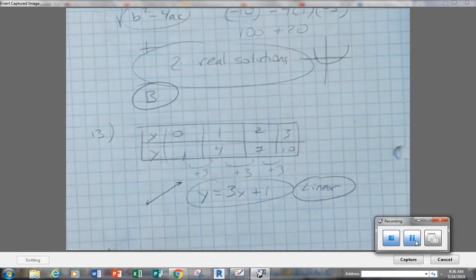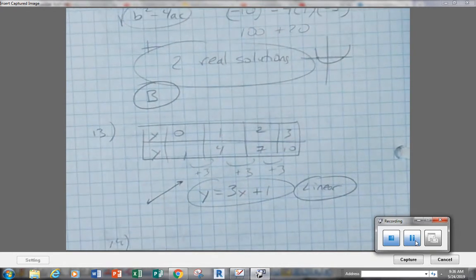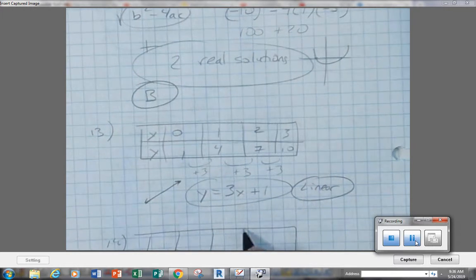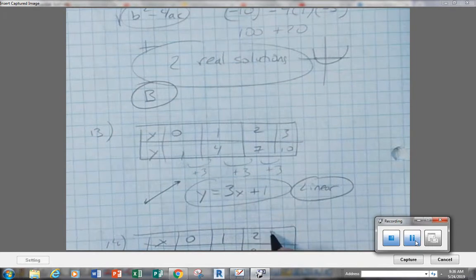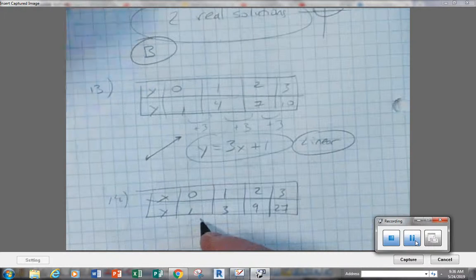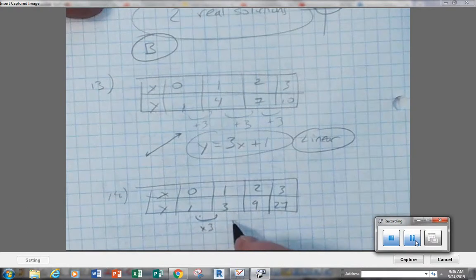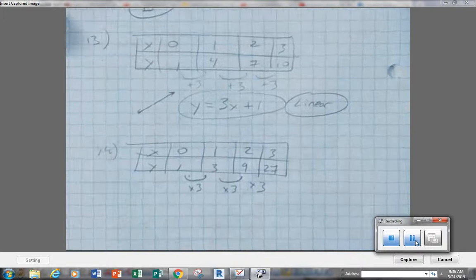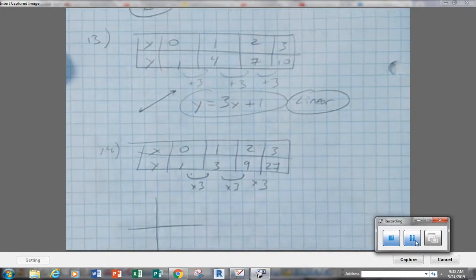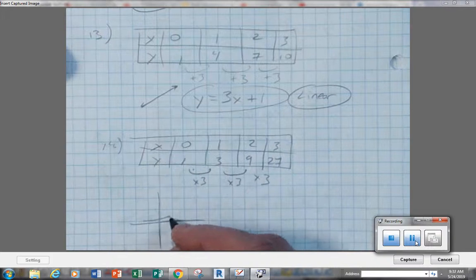All right, 14, here we go. 14. Zero, 1, 1, 3, 2, 9, 3, 27. This one looks like I'm timesing by 3. Anytime you're timesing by 3, that's going to be one of these exponential graphs that look like this.